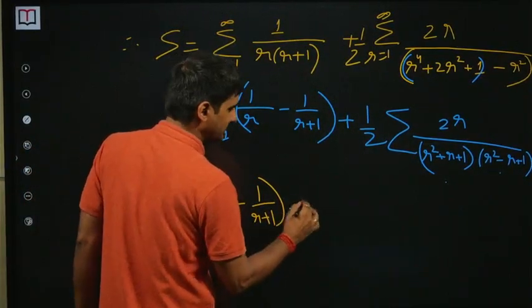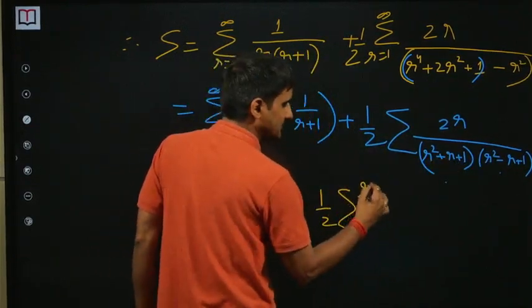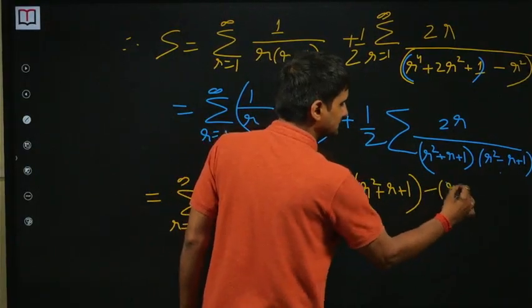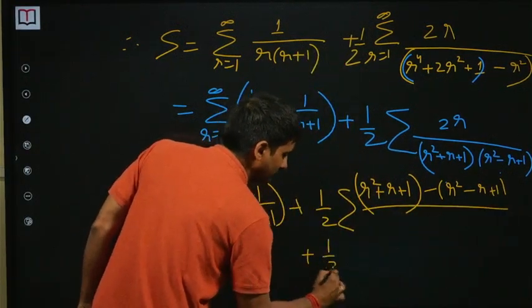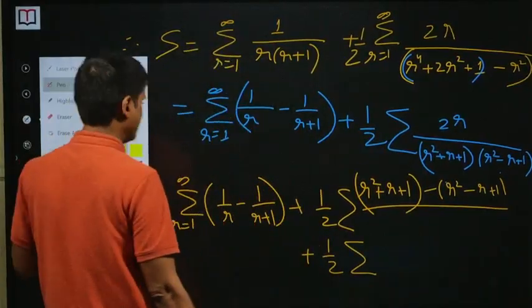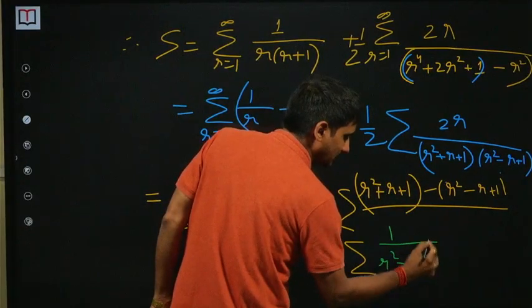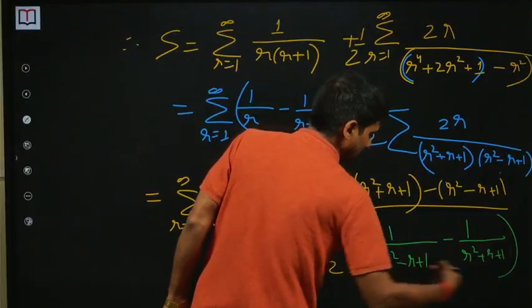One is this one, which you can solve easily, and another one is this minus this. So (r square plus r plus 1) minus (r square minus r plus 1) whole divided by this. So this is nothing but half times summation of 1 upon (r square minus r plus 1) minus 1 upon (r square plus r plus 1), and that's it.